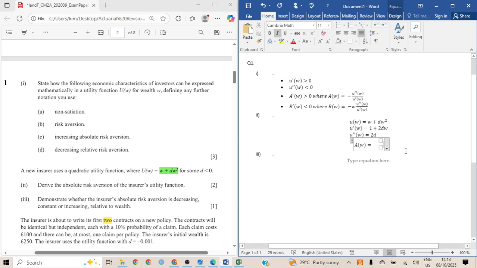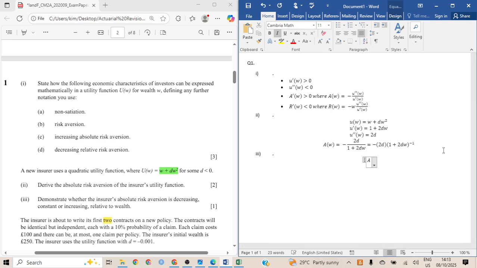This is 2D divided by 1 plus 2DW. So I'll just write minus 2D times 1 plus 2DW raised to minus 1.